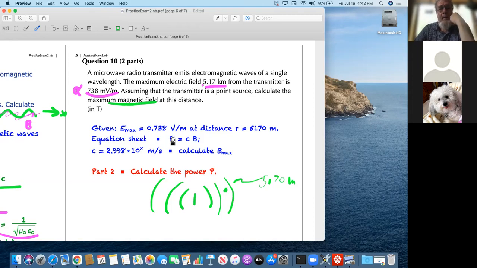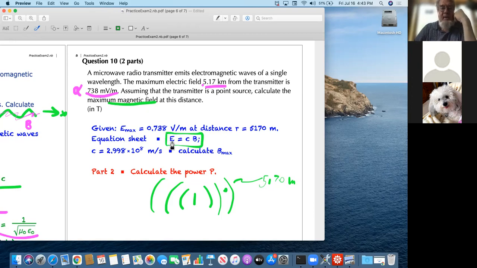All right, well, again, one of the important equations about electromagnetic waves is the relation between the electric field and the magnetic field. E is c times B, where c is the speed of light in vacuum, that 2.998 times 10 to the 8 meters per second. And that's what you're trying to calculate, B, the maximum magnetic field.